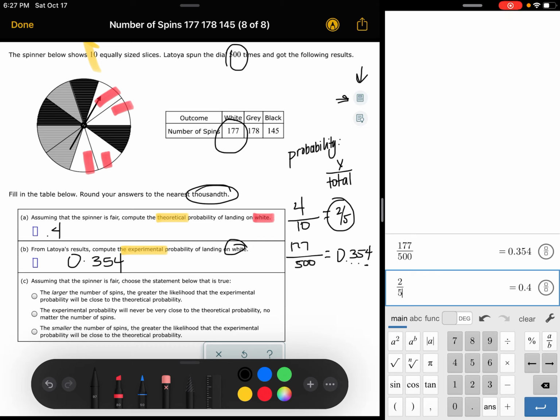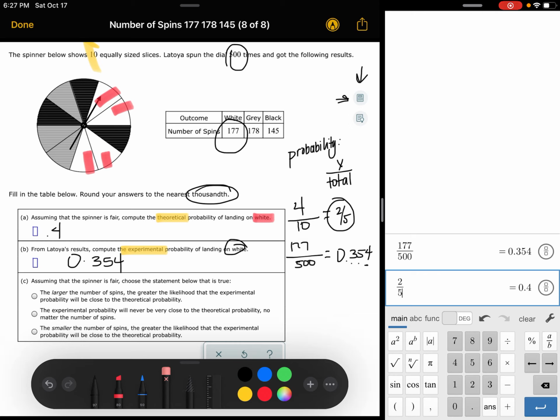So what I want you guys to know from this is if you spin a spinner 10 times, you don't have a very high likelihood of getting 4 out of 10 times. Like it's going to be off most of the time. The closer you get to 100 events, the more likely.